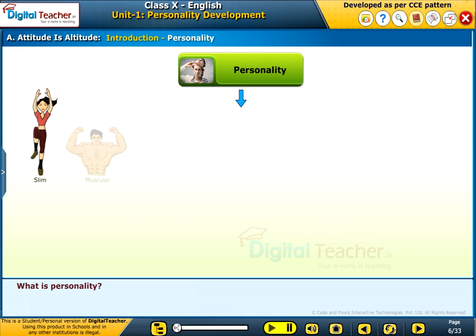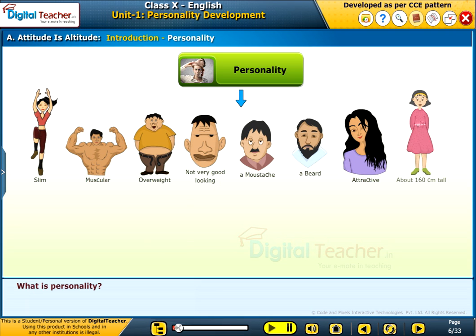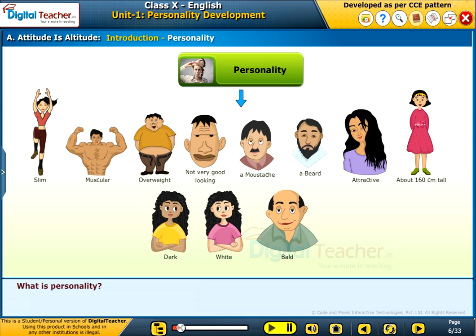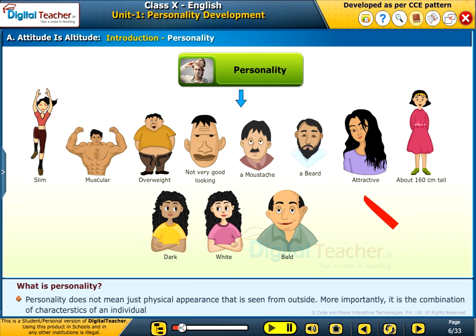What is personality? Personality does not mean just physical appearance that is seen from outside. More importantly, it is the combination of characteristics of an individual.